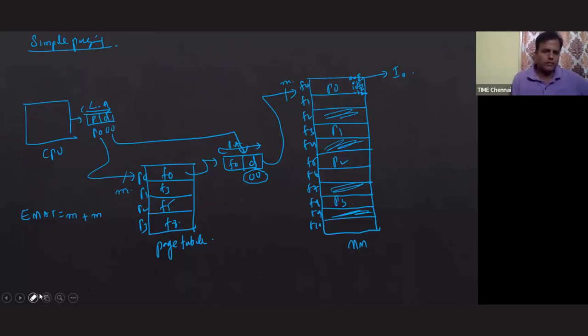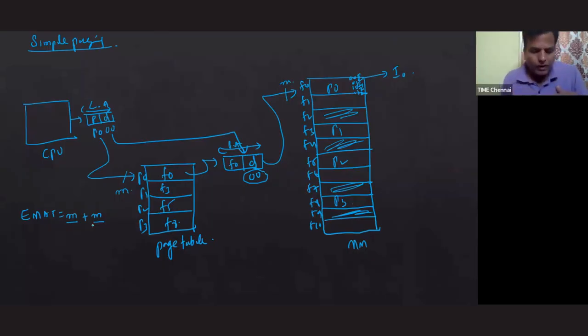The next question is this one. According to simple level paging, don't you think simple level paging is avoiding the problem of external fragmentation? It is okay, but it is very slow, because 2 times you are accessing the main memory. To access one instruction, how many times is the CPU referring to the main memory? 2 times.